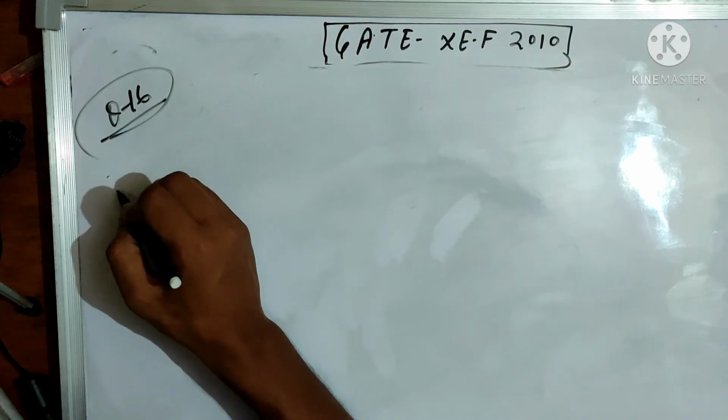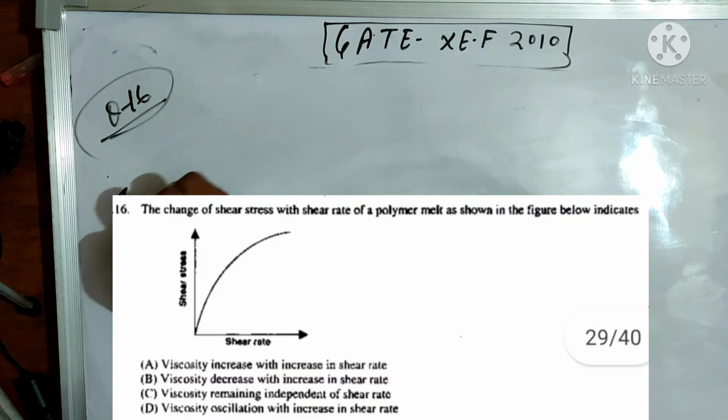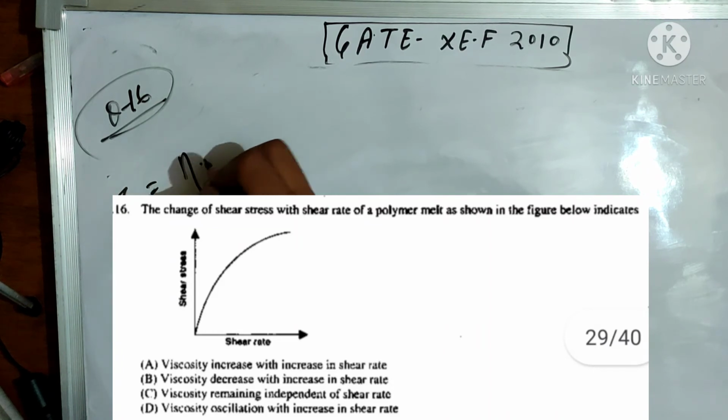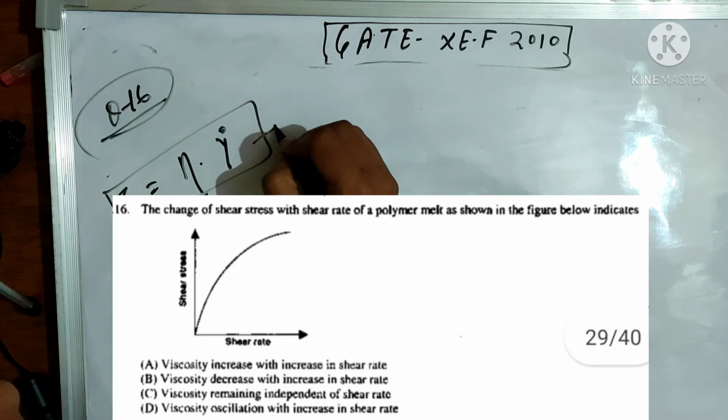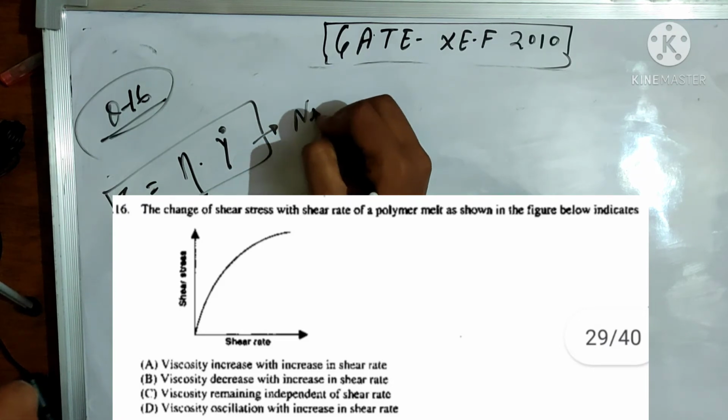You know that the relationship between shear stress and shear rate is given by eta times shear rate. This equation is valid only for Newtonian fluid.